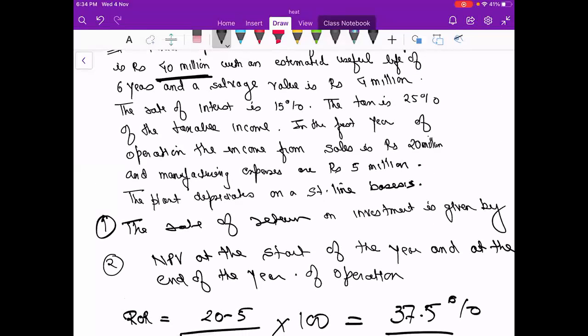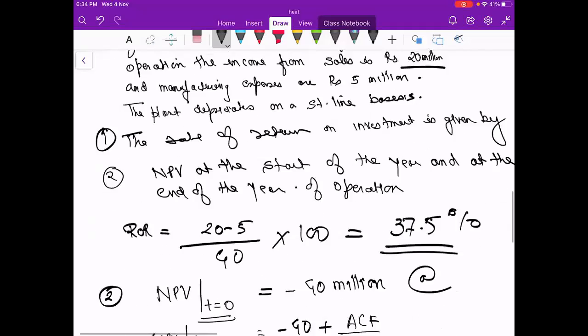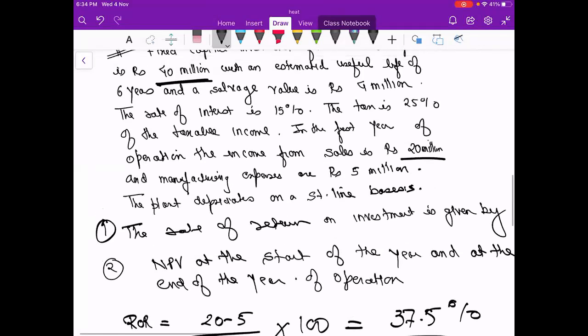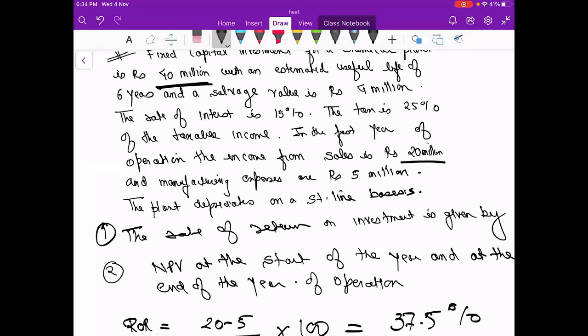Your profit is 20 million. This is given, 20 million. So 20 minus 5 minus depreciation. What is the depreciation amount here? Tell me. 6.